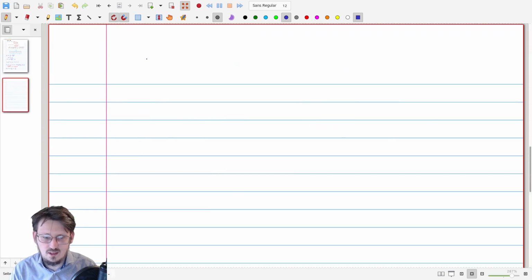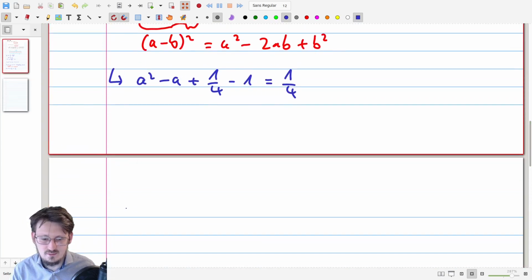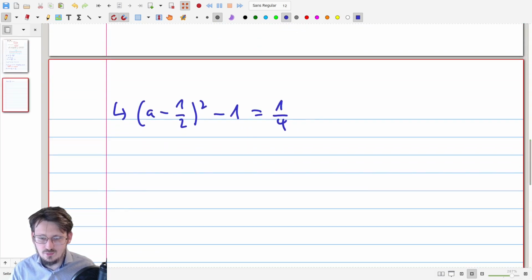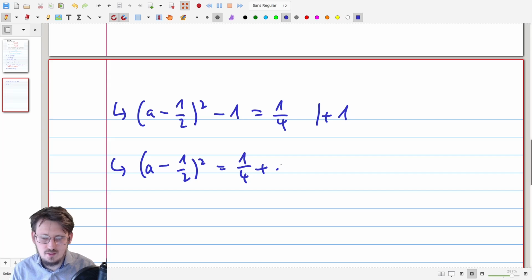What we can write now is a minus 1/2 squared minus 1, this remains, and this has to be equal to 1/4, as I said before. The only thing which we have to do now is bring this 1 to the other side. So this is then a minus 1/2 squared equal to 1/4 plus 1.